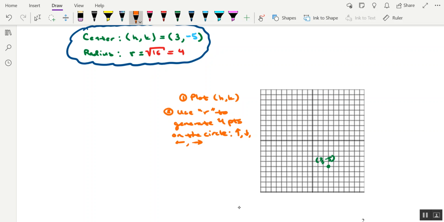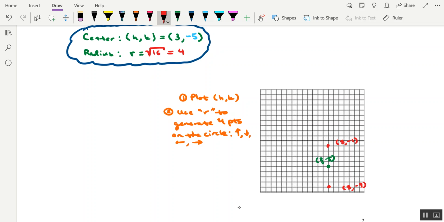And so every point on this circle, this one in particular, is going to be 4 units away from the center. So with that in mind, we start at the center, and we're going to go up by 4 units. That takes us to the ordered pair 3, -1. We'll go back to the center and go down 4 units. That gives us the ordered pair 3, -9.